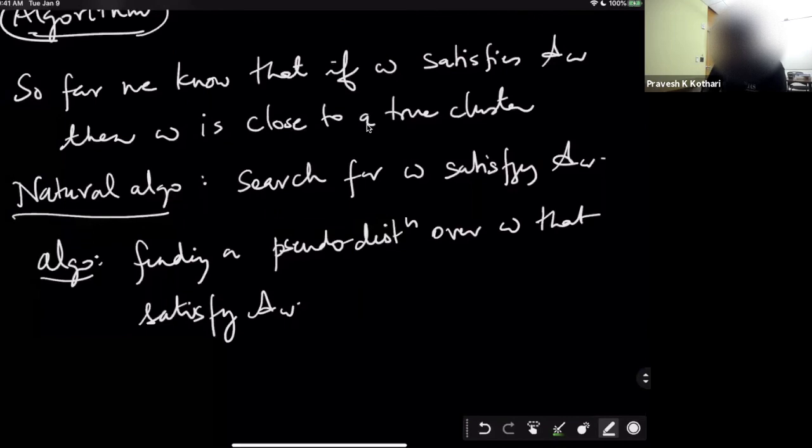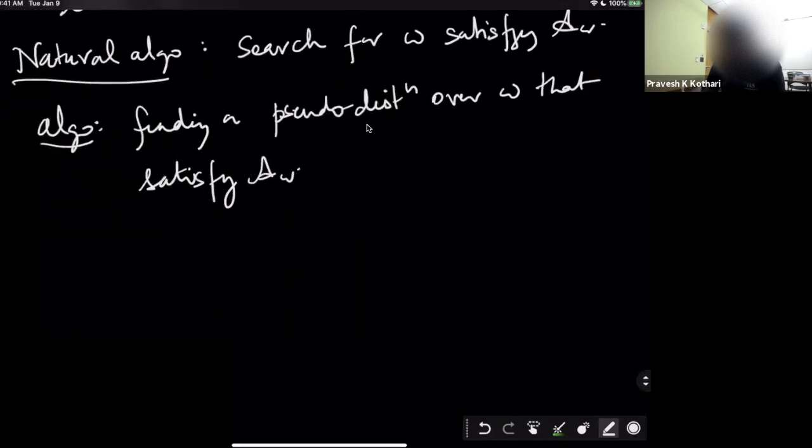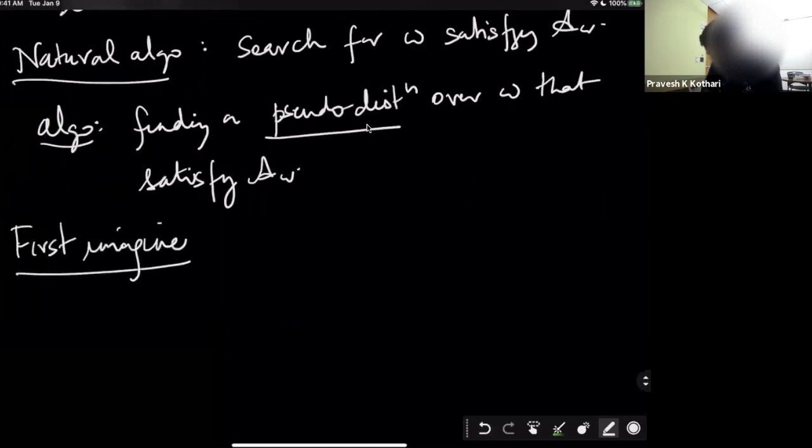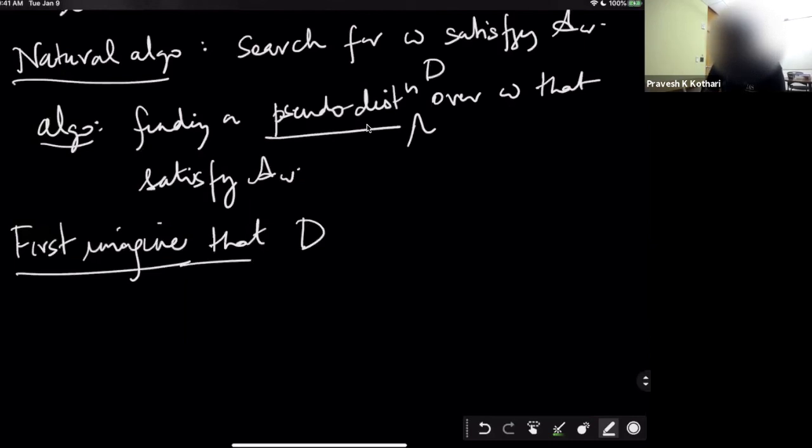Good. So for defining the algorithm, it's maybe good to imagine a situation where, let's call this pseudo distribution D, because we already have used mu today. So first imagine that this pseudo distribution D happens to be an actual distribution.